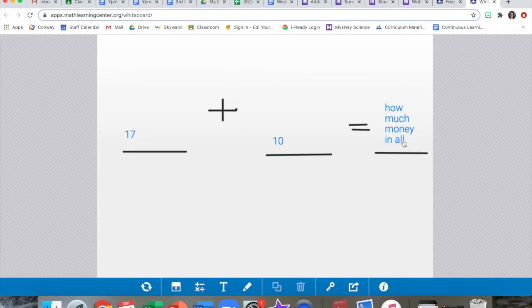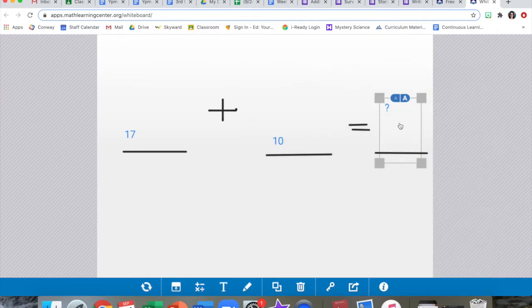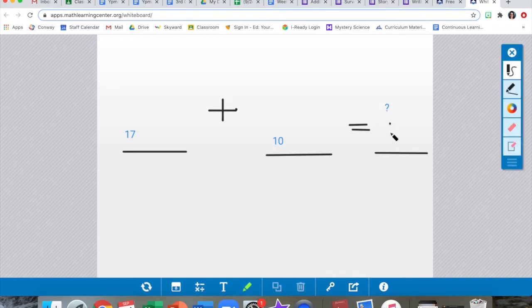In the story, this was our mystery number. And when you're typing these, put a question mark for the mystery number. Sometimes when we're solving them on paper, I like to draw a mystery box that you can put the answer in. But when we're typing, the easiest thing to do is a question mark. So that's what we will use.